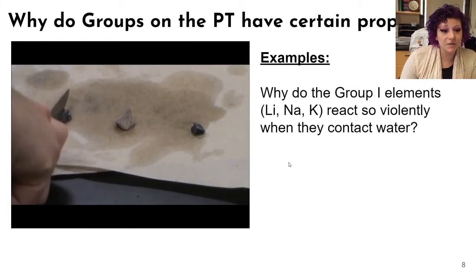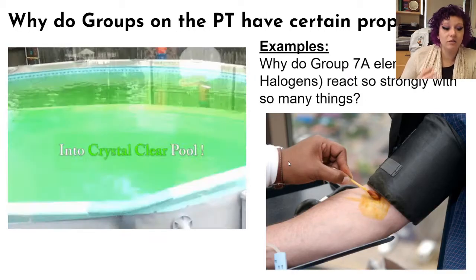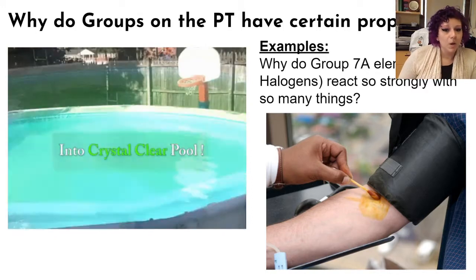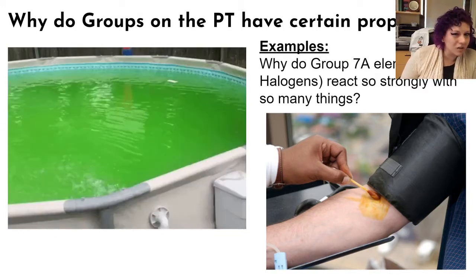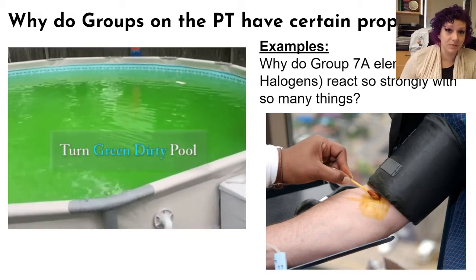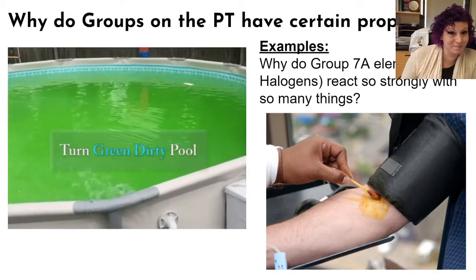Additionally, for example, let's look at the halogens. The halogens, far right side of the periodic table, non-metals. But why do they react so strongly with so many things? So chlorine tablets, for example, those kill microorganisms in your pool. That's pretty extreme.